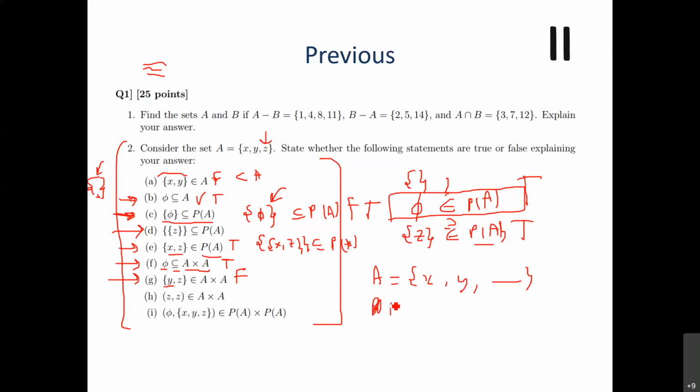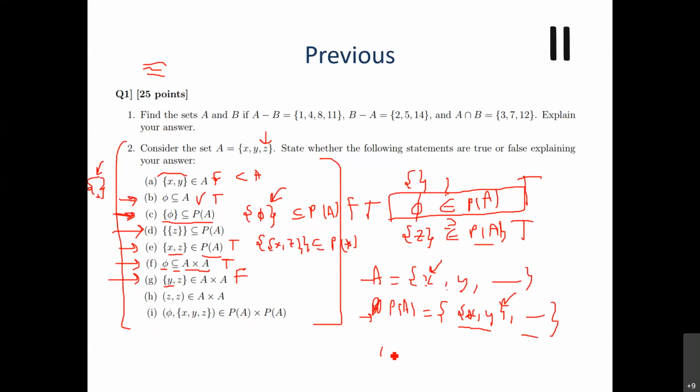The power set of A is made up of objects, sets. So the elements in A are simply letters, X, Y, while the elements of P of A are sets. Depending on the set, the type of the element differs: here it's a letter, here it's a set.